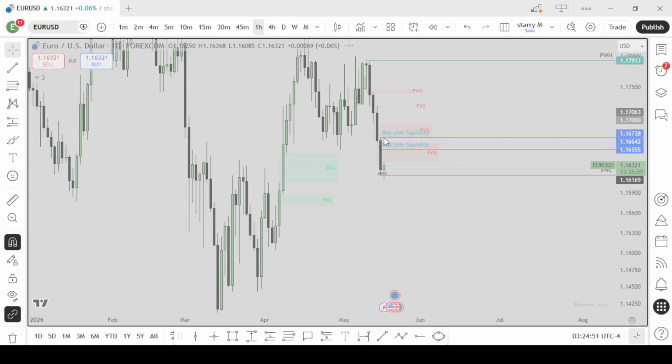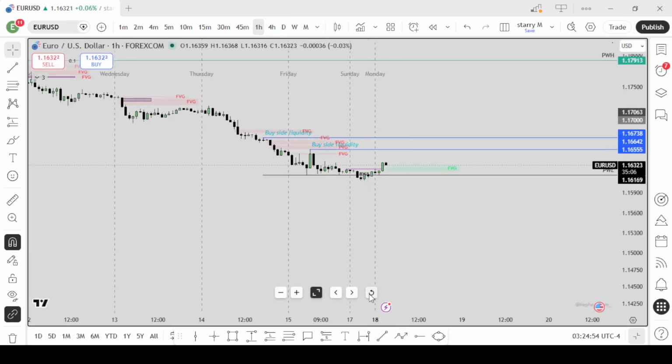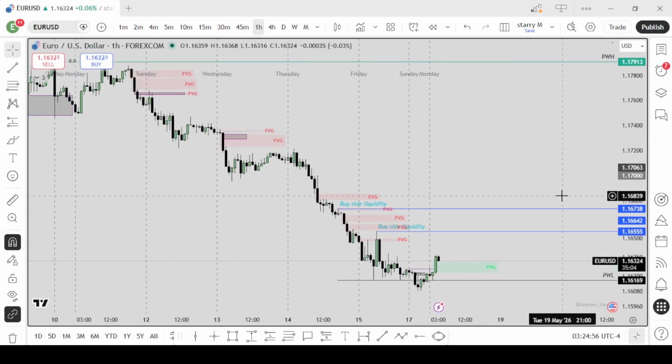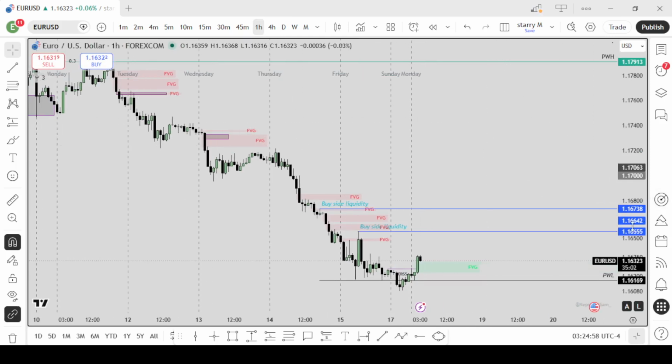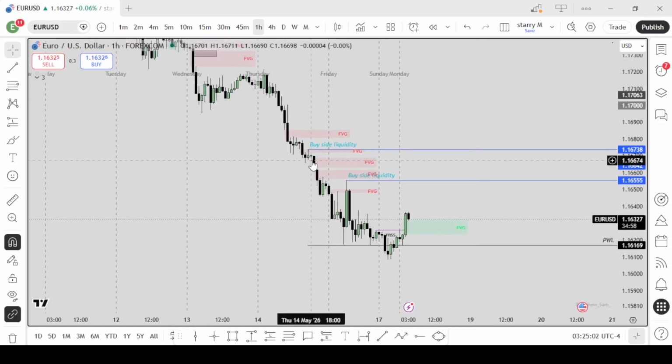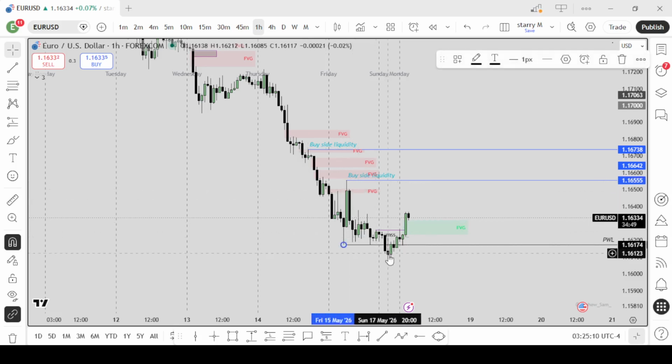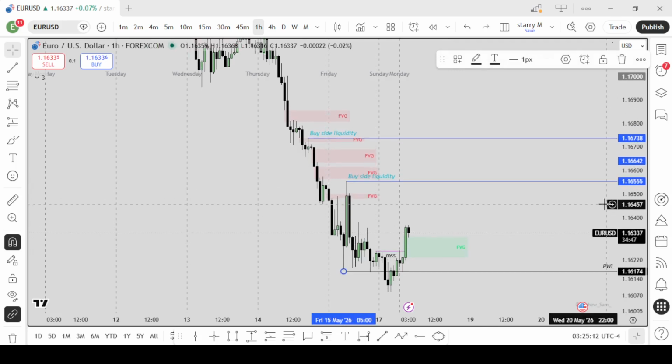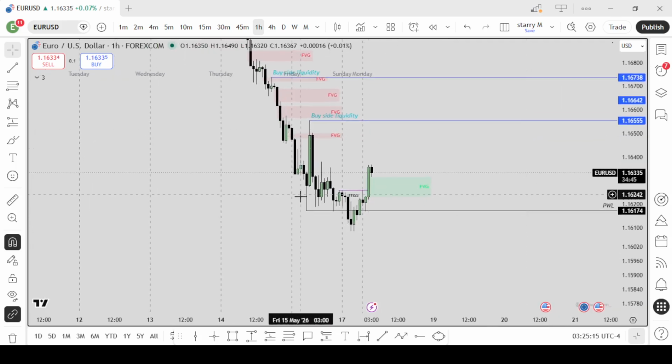So we see this in the 1 hour. On the 1 hour, we are still very bearish, and last week was very, very bearish, which is good. It shows that we are continuing with the trend. This week we are also looking for sales, but for today we can see that we've made a market structure shift here, and we are currently forming the fair value gap.